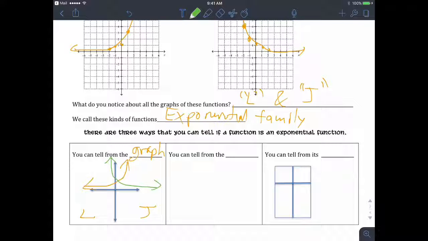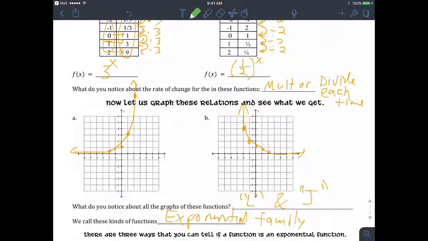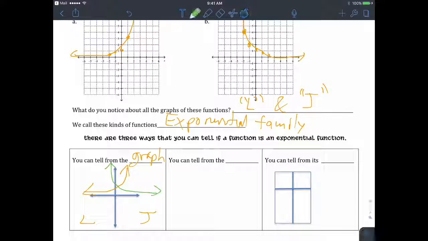If you look at the equations, well, let's go back up to the equations and see what you notice. All right? So take a look. What do you guys see that would make these equations tell you that it's going to be exponential? Go ahead and try to figure that out. Okay, so what makes it exponential?